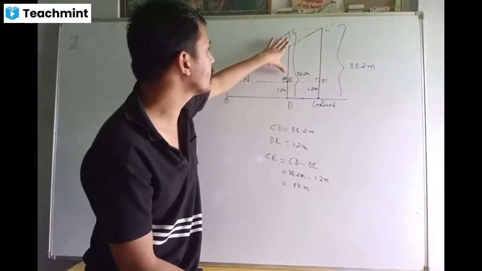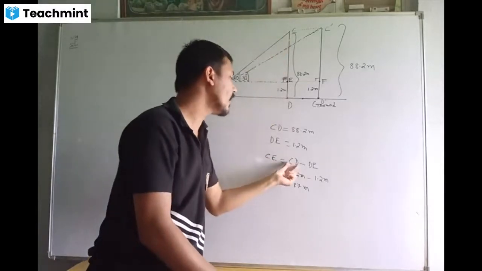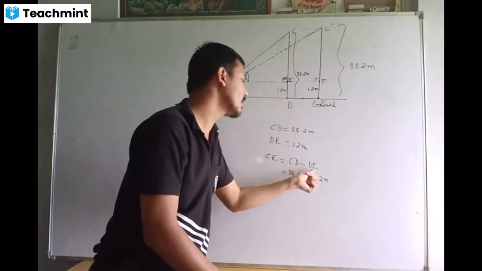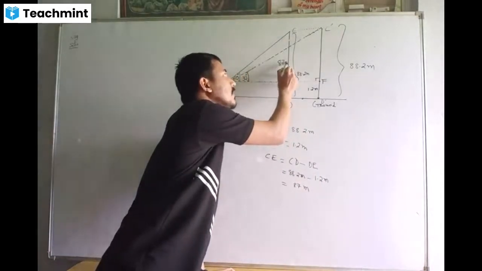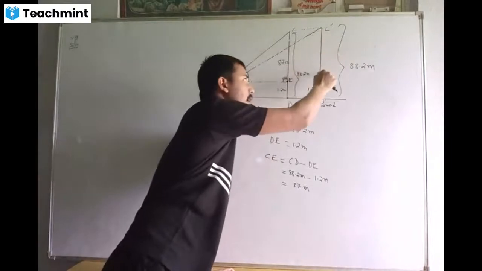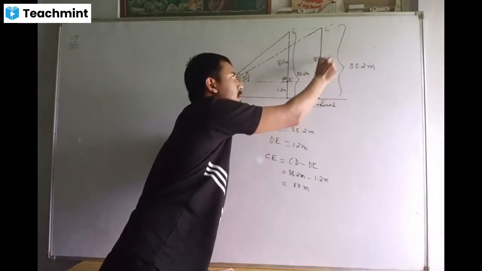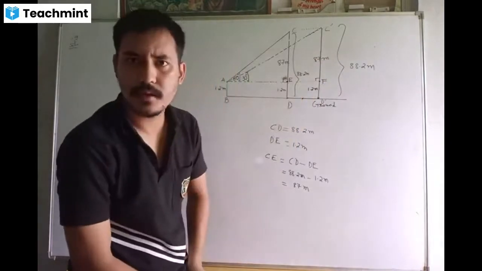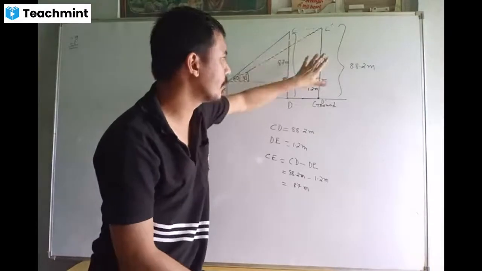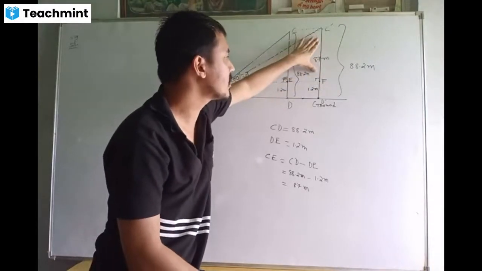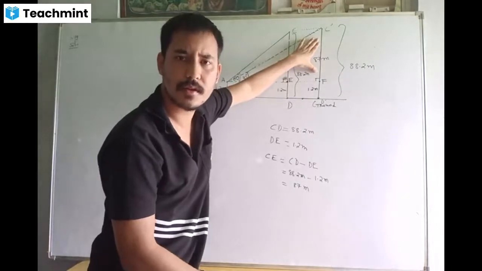So for the remaining height CE, from full height CD you subtract DE. Then we get CE to be 87 meters. Similarly, C dash F will also be 87 meters. Alright, class. Are you following that? Is it clear to you?